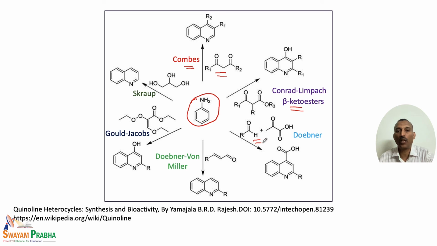We can use an aldehyde and an alpha-keto acid. These two can be condensed with aniline to give the corresponding quinoline derivative, that is a Doebner reaction.